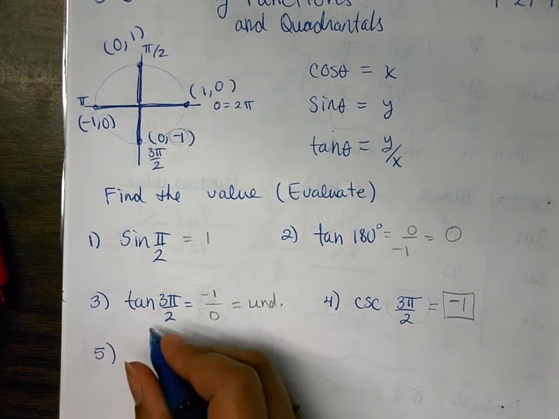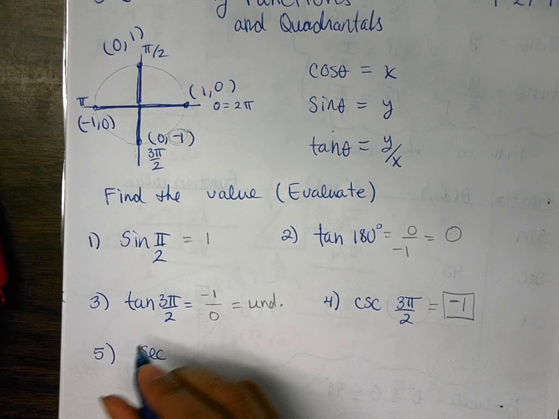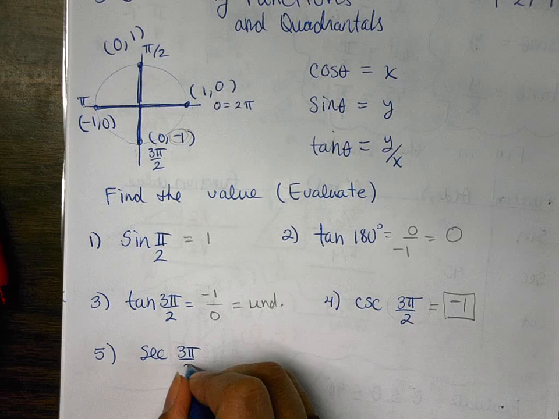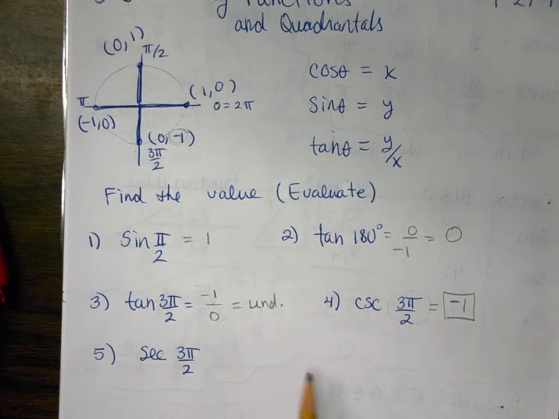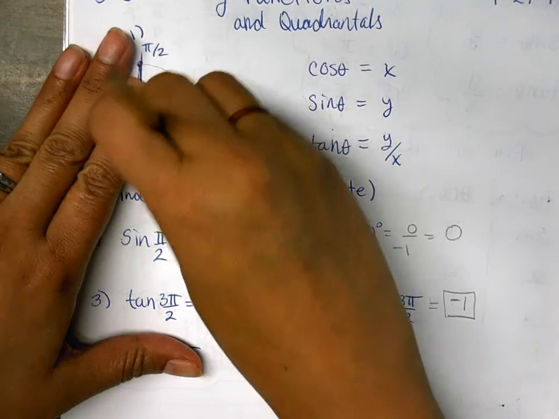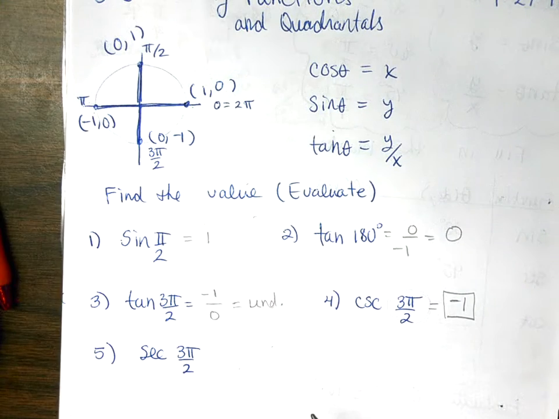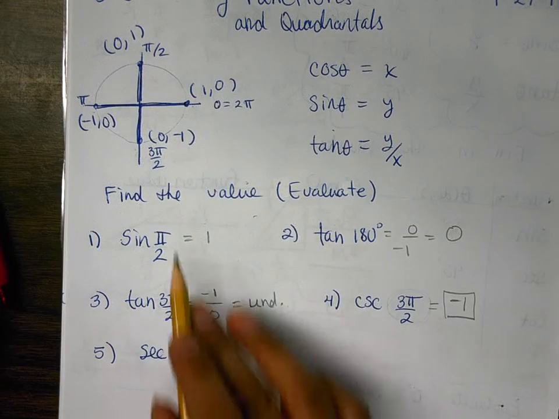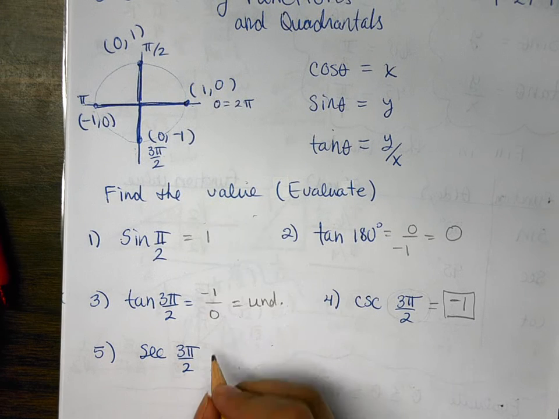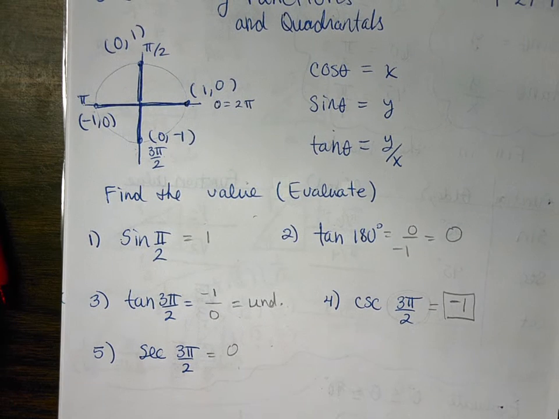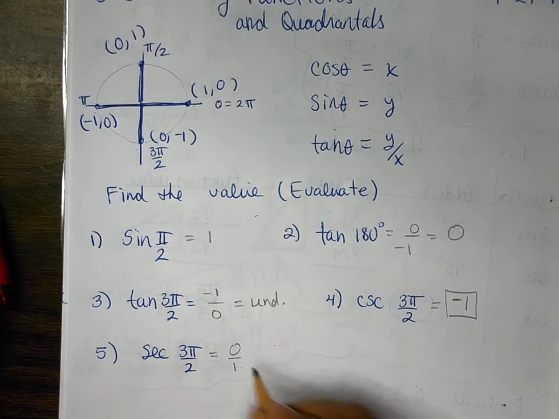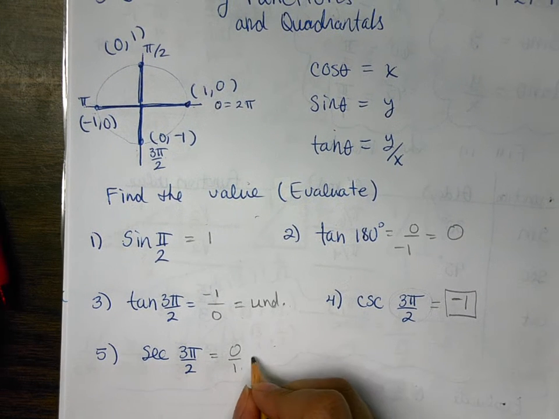5, secant of 3 pi over 2. Are we at the same place? Are we still at 3 pi over 2? Okay, but this time it's secant, and secant's the reciprocal of what? Cosine, and cosine is what? 0, the x, 0. What's the reciprocal of 0? 0 over 1, think of it that way. The reciprocal of that equals what?